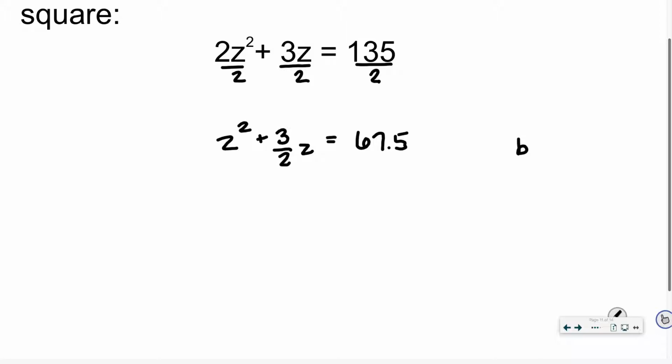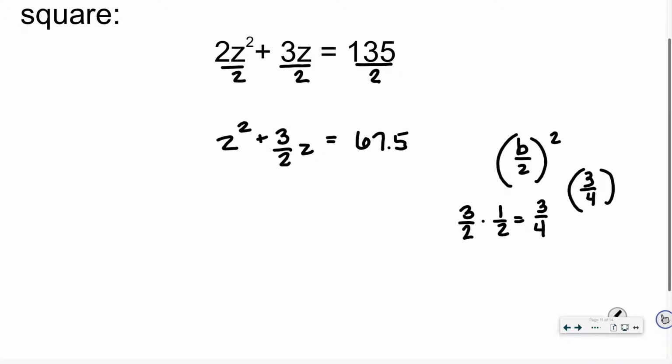Yeah, I'm going to use the same thing, and it doesn't matter, right? Today's big thing is it doesn't matter if that b value is a decimal or a fraction or an integer. You can still divide it by 2 and square it to find the c value. 3 halves divided by 2 is the same as 3 halves times 1 half, which is 3/4. So this becomes 3/4 squared, which is going to be 9/16.